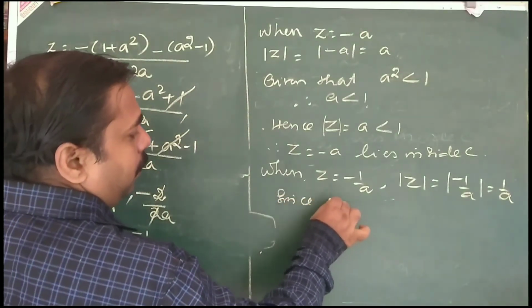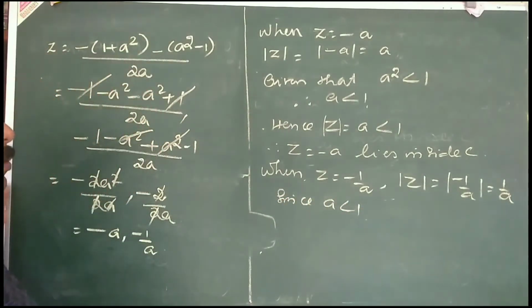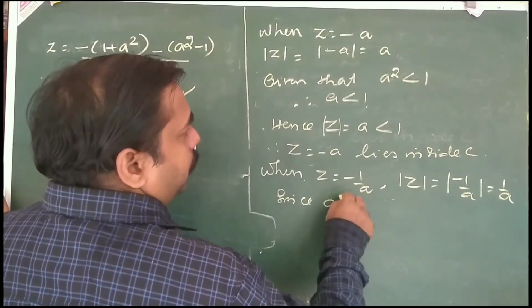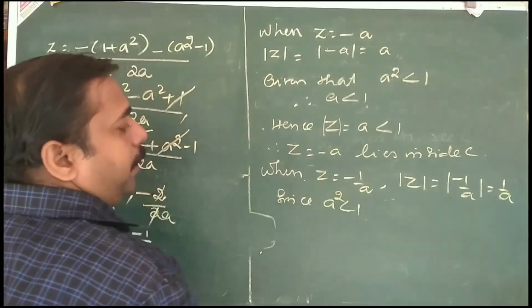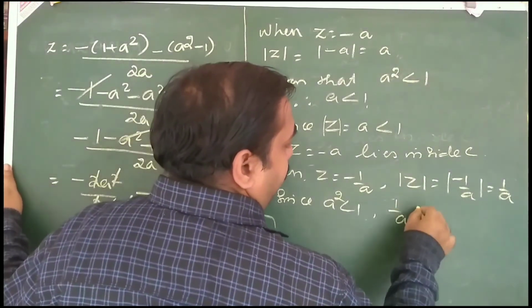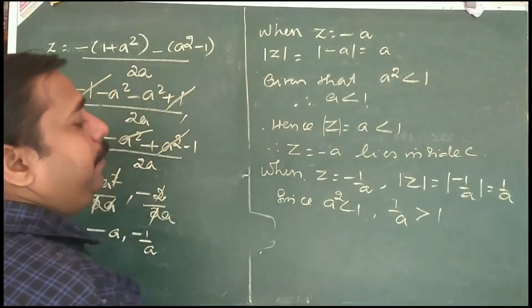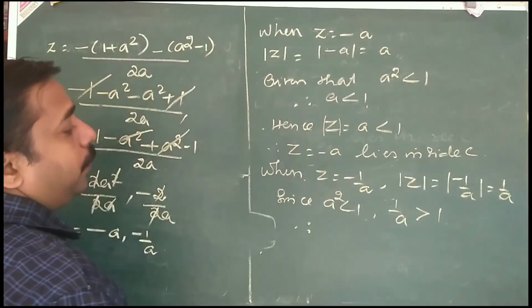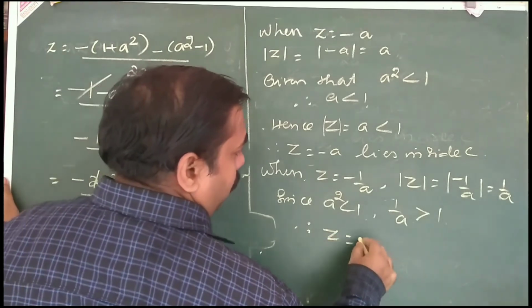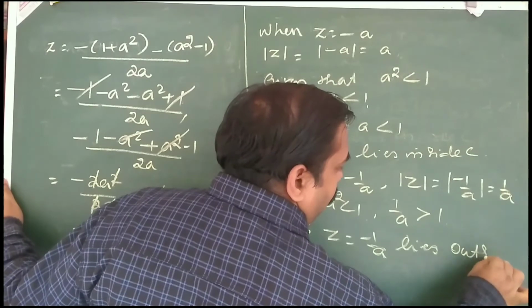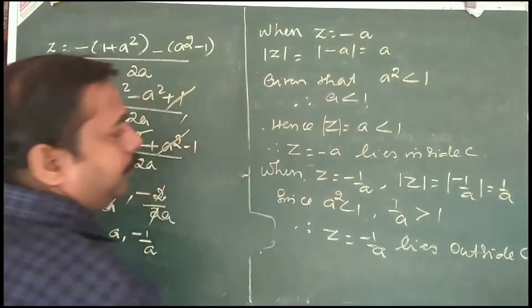Since a is less than 1, or a square is less than 1, 1 by a is greater than 1. Therefore, z is equal to minus 1 by a lies outside C.